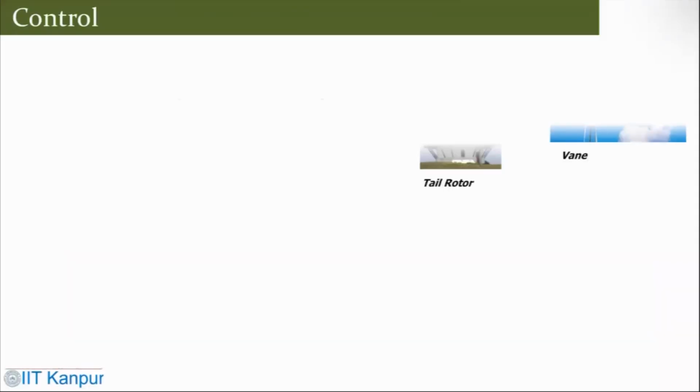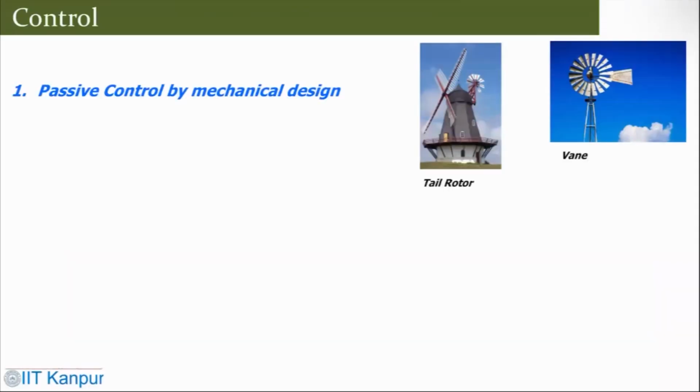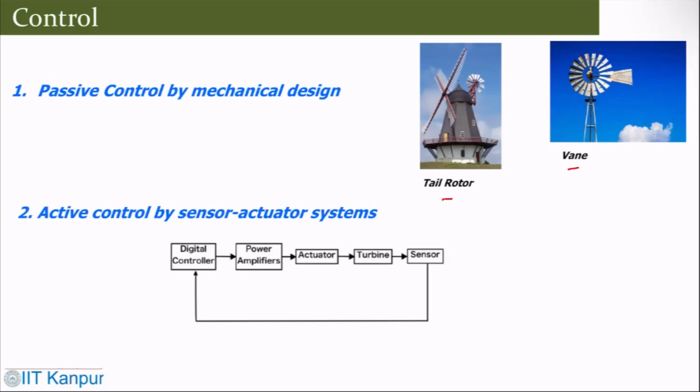In the control, you have passive control by mechanical design, where you make a modification to the geometry, or you can have active control by using a sensor actuator system, where you have a digital controller, power amplifier, actuators, turbine, and sensor, and use those to control the system.